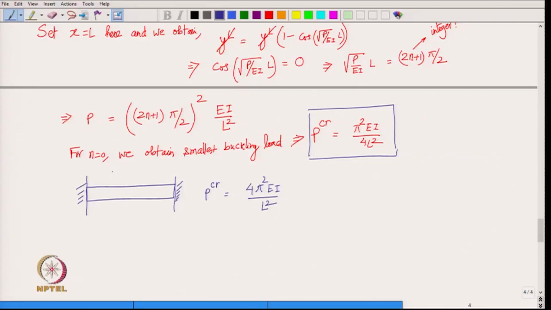Okay. In this case it is going to buckle in this way, okay, whereas in the earlier case, in case of column buckling, it is simply going to buckle in this way, and it is all because of the boundary condition.